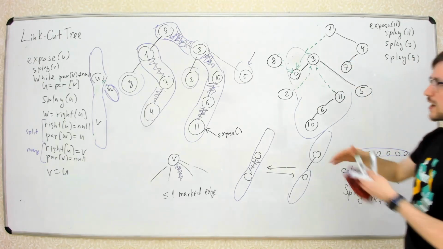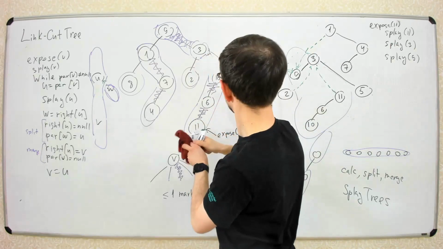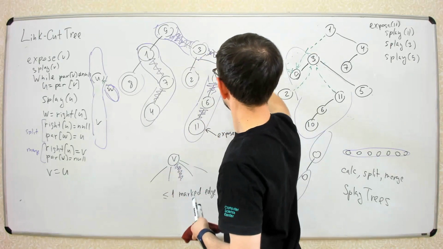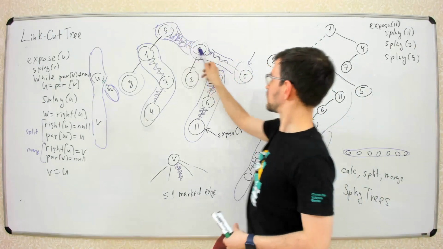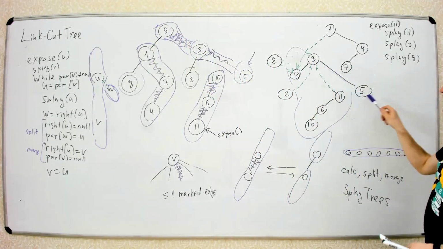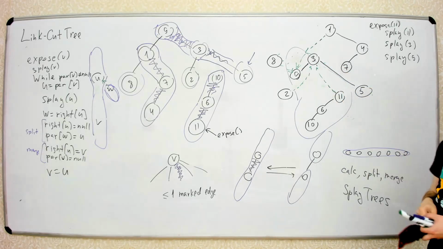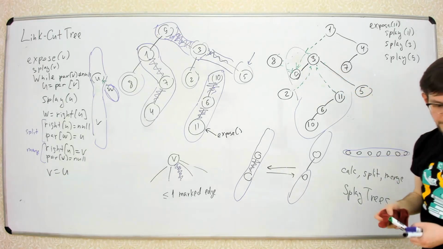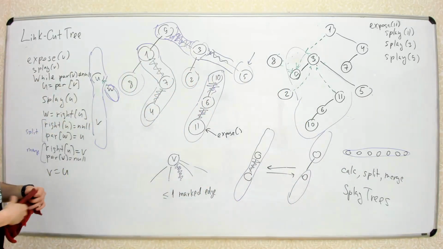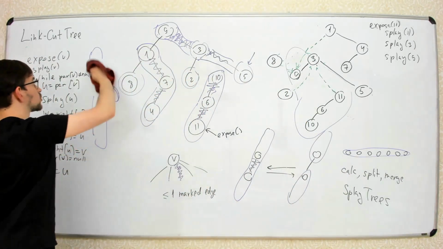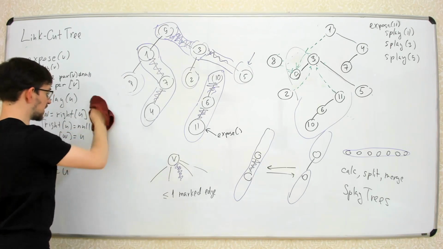That's all. In the end, we have a situation like this. So you have this path, 9, 3, 5. It's here, 9, 3, 5. It's a path which is in this splay tree. Cool. Let's go to some time complexity analysis.